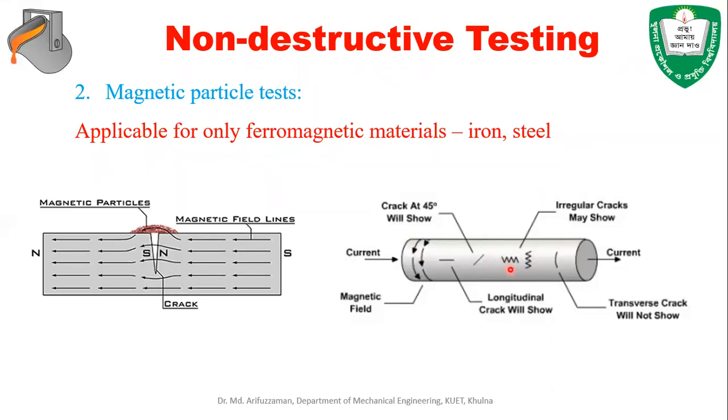In the case of irregular cracks, they may show, or may not show; if the crack is very small, the magnetic particles may not stick in this region, but this one will definitely show. This one is a similar situation, as irregular cracks may or may not show, but this one will not show because the magnetic field is applied parallel to that crack.